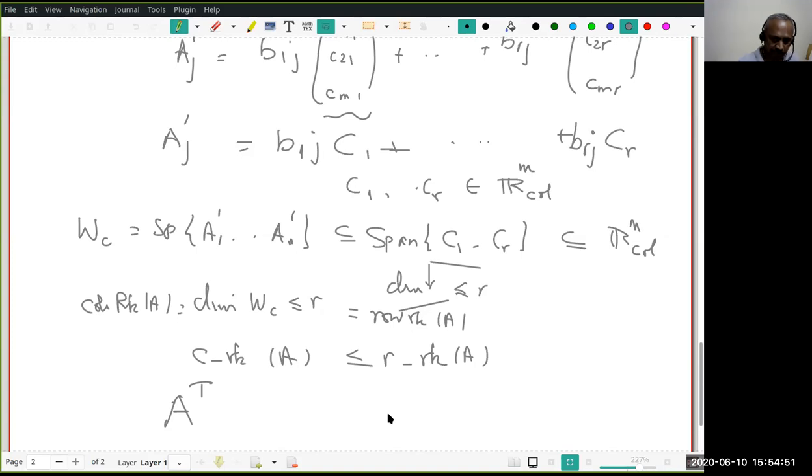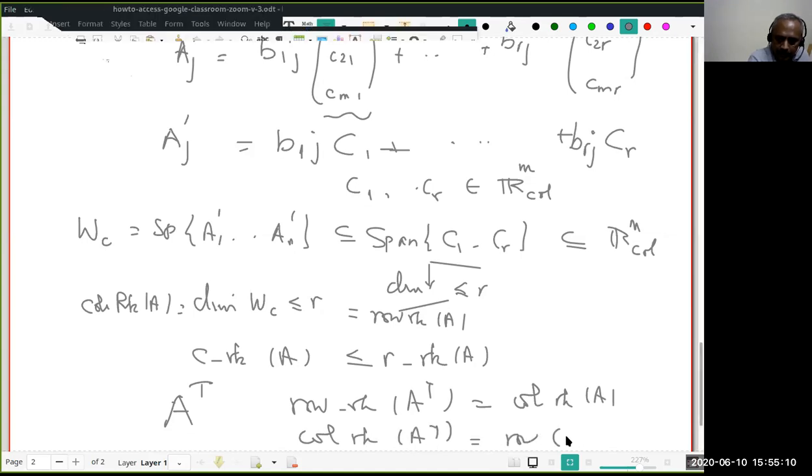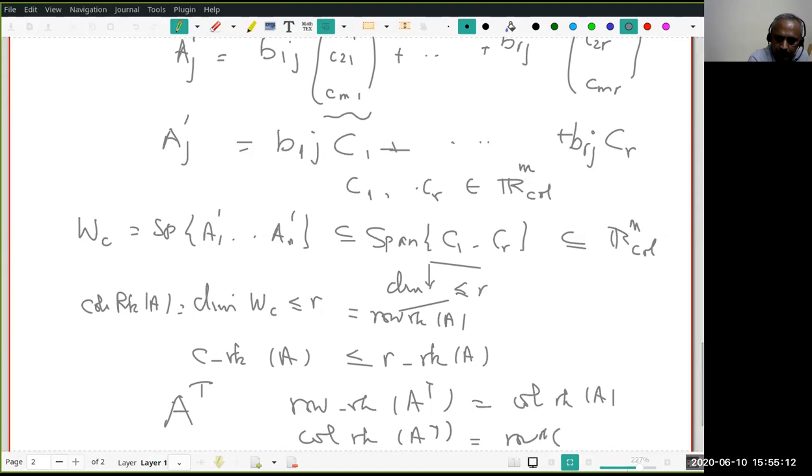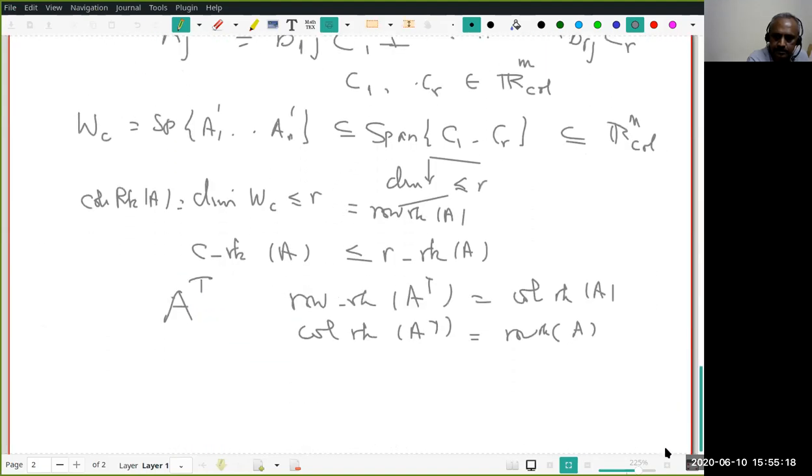Therefore, we know that the row rank of A transpose equals the column rank of A, and similarly the column rank of A transpose equals the row rank of A. Is it clear? Good.